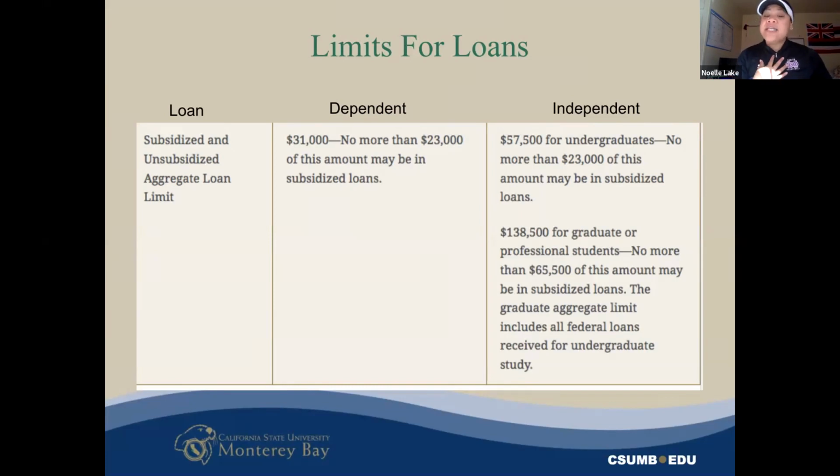If you're taking out loans for this current year or semester, it is mandatory to do 2 requirements: the loan entrance counseling workshop and the master promissory note. That goes a little more in depth into what loans are about. Now, if you are planning to graduate here and you took out loans in the past from CSUMB, then most likely you will be required to attend an exit loan workshop with one of us as counselors.